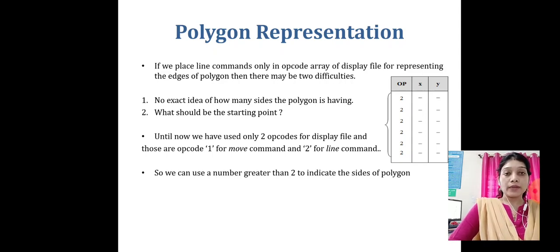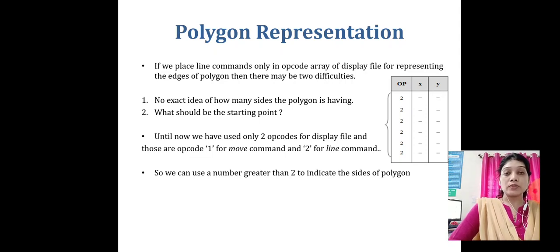Until now we have used only two opcodes for the display file: opcode number 1 and opcode number 2. 1 stands for the move command and 2 stands for the line command. So we can use a number greater than 2 to indicate the sides of a polygon. If I represent a 5 in the opcode field, the file will represent that the polygon has 5 sides, because we have only two opcodes, 1 and 2.